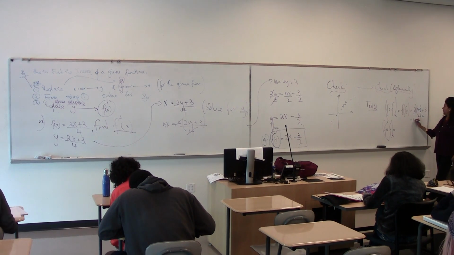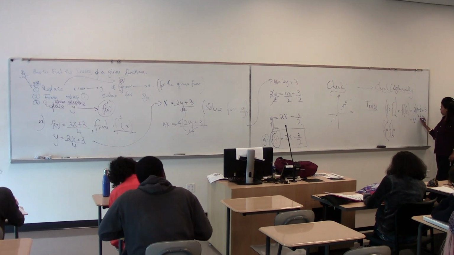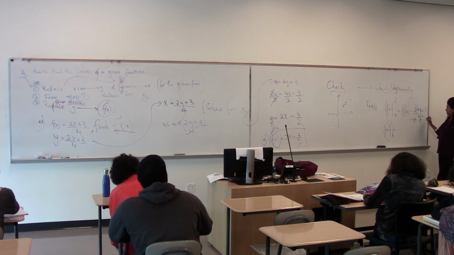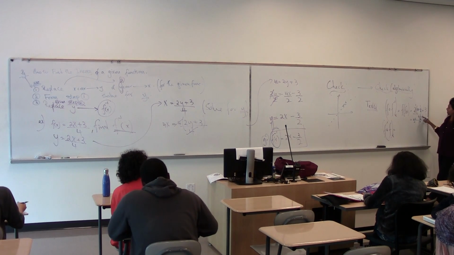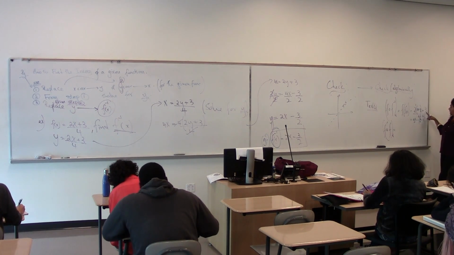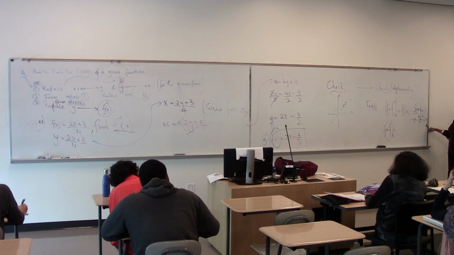I get 2x over 2 minus 3 over 2, and I need to divide each term by 2. This part I divide by 2, this part I divide by 2, and I need to divide this also by 2.